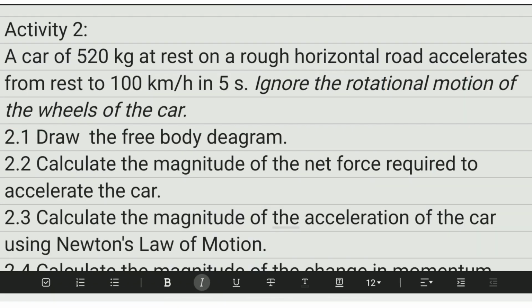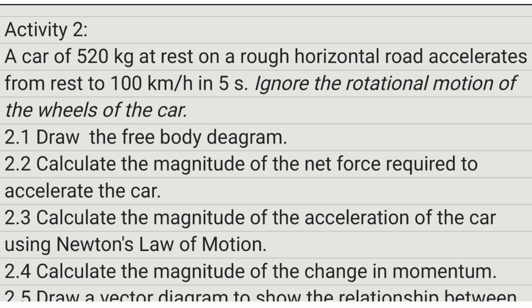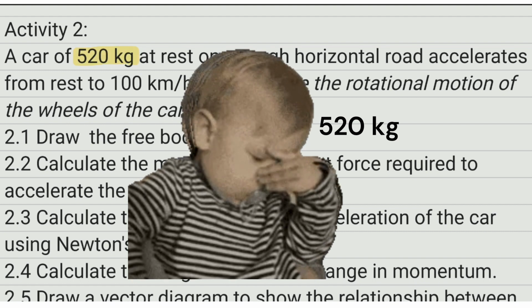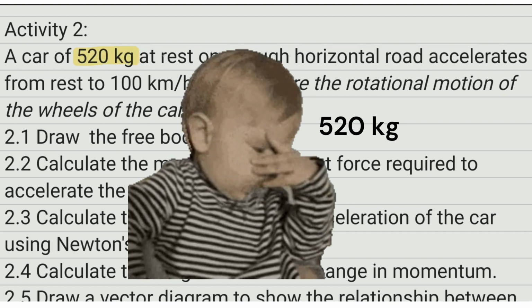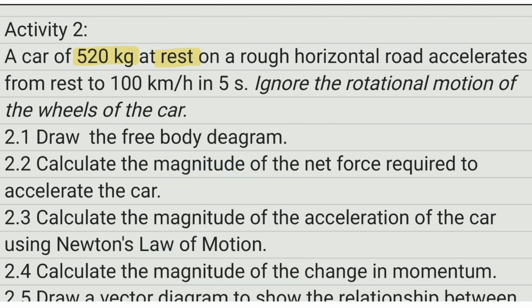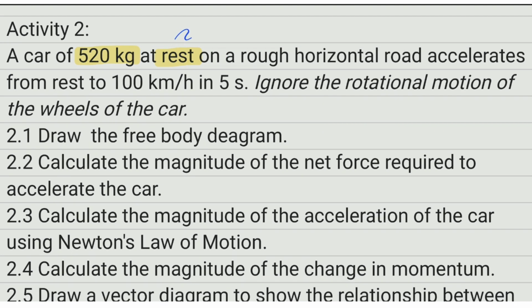The second question says a car of 220 kilograms. Let's write down the data. The mass is 220 kilograms, at rest. At rest means the velocity at that point is 0, so the initial velocity is equal to 0.